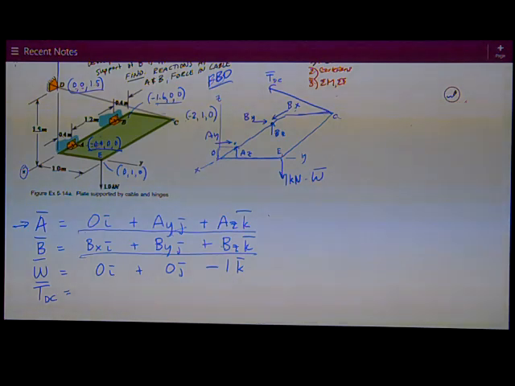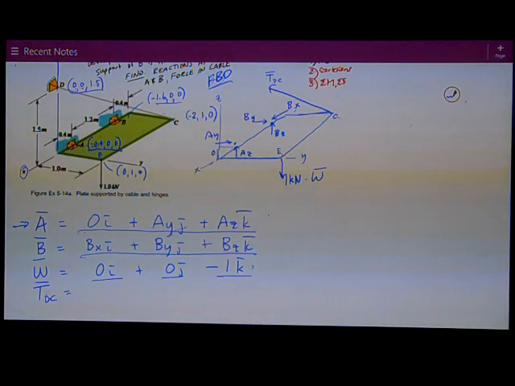The force W, exerted over here at the right-hand corner at point E, is 0 in the I, 0 in the J, and -1 kilonewtons in the K. It's negative because it's going down.